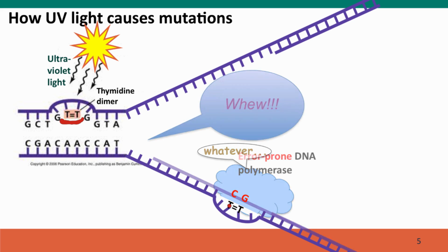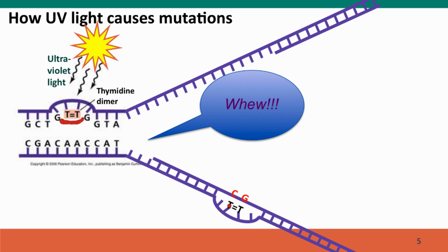Keeps on going, can't figure out what bases to put in, it just puts in anything. That's why it's called an error-prone polymerase, because it often puts in the wrong bases. However, from the cell's point of view, it's much better to risk having a couple of wrong bases and get the DNA replicated, because the cell's going to survive, and probably the mutations won't do any harm. Sometimes they will, but probably they won't.